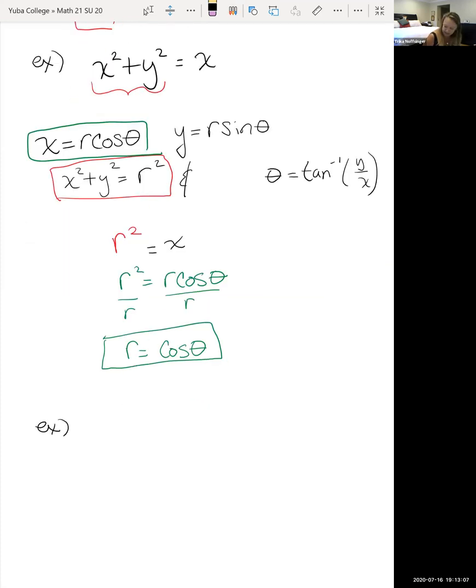Next, x squared is equal to 4y. Looking at this in rectangular coordinates, I can tell that this is a parabola. If I divide both sides by 4, this is 1/4 x squared, so it's a parabola facing upwards. We can rewrite this in polar form.